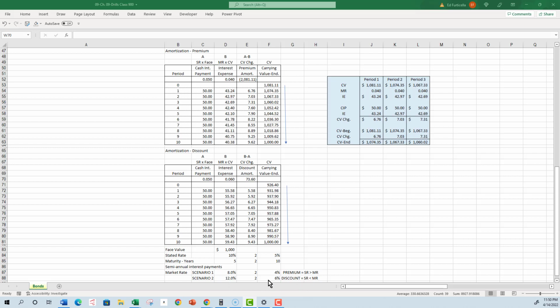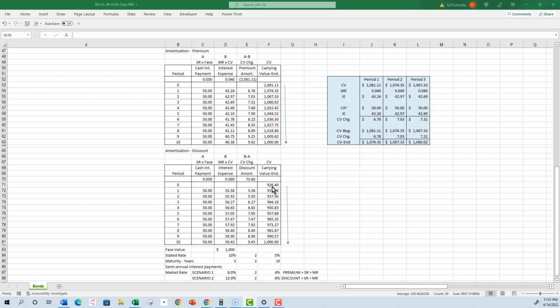Our amortization table has columns for period, cash interest payment, interest expense, discount amortization, which is also the change in the carrying value, and carrying value. At time period 0, which is today, the value of the bond is $926.40. If we look at the cash interest payment column, $50 is entered for all 10 periods.